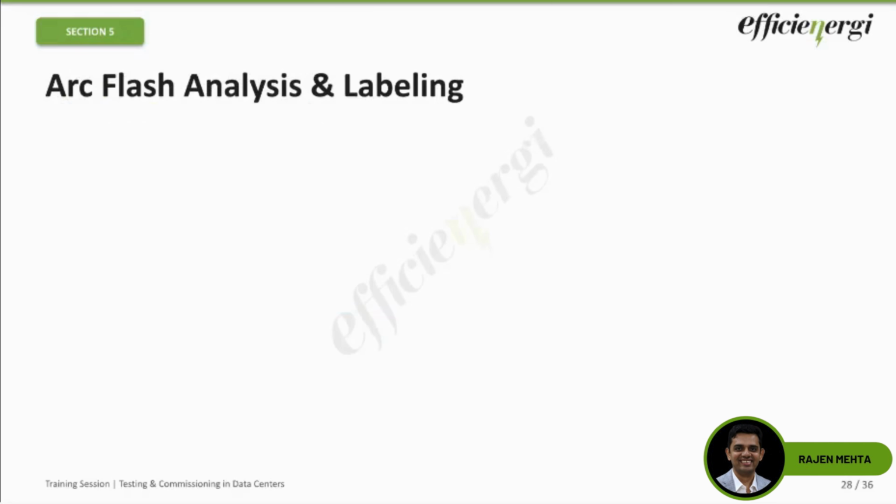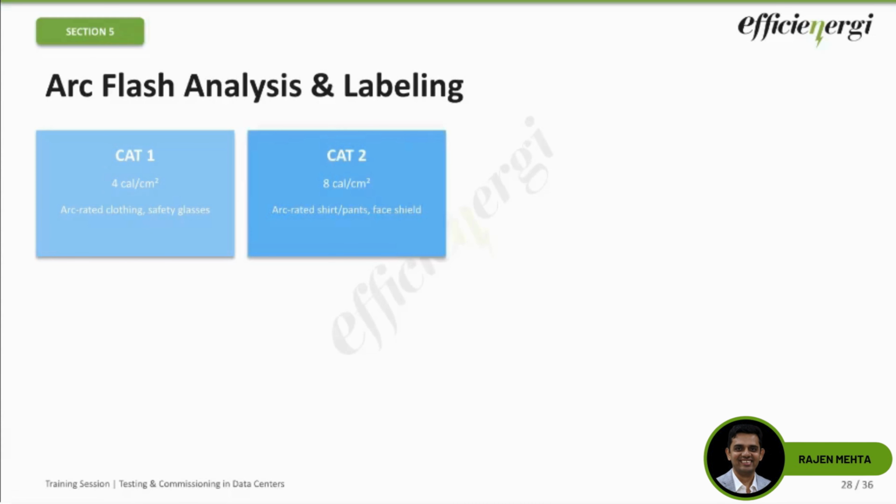Next, let's look at arc flash analysis and labeling. What is important in arc flash is that different categories of arc flash are there. These categories are based on incident energy. So you will have a category 1, for example, which is 4 calories per centimeter square, right? These categories are based on the principle that the higher the energy, the higher the potential for severe injury.